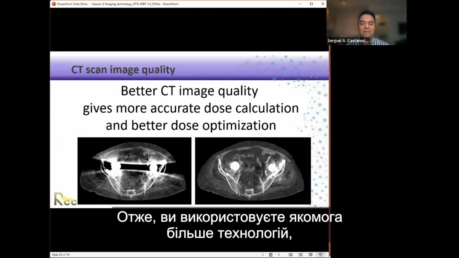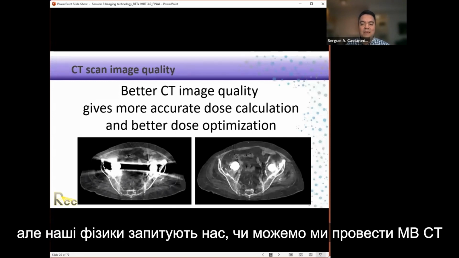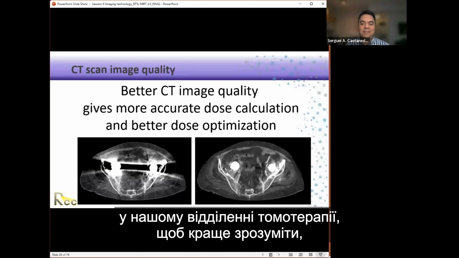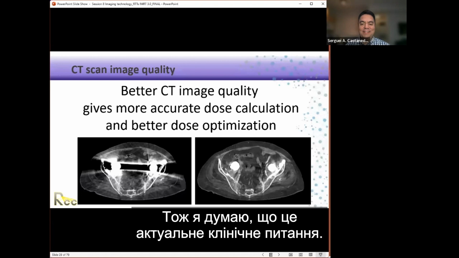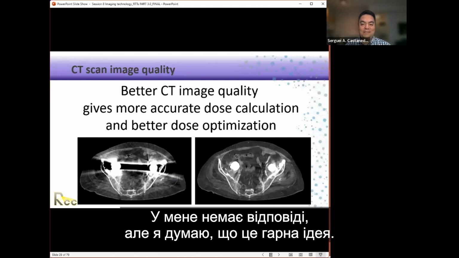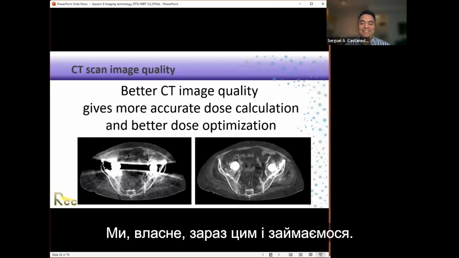Yet our physicists are asking us, can we do an MVCT in our tomotherapy unit to get a better sense of the actual electron density to have more accurate planning on dose distribution? I think it's a relevant clinical question. I don't have the answer, but I think it's a good idea. We're actually pursuing that right now.